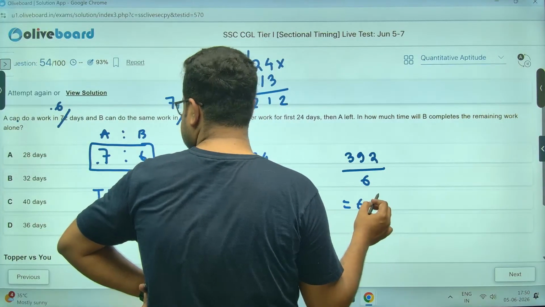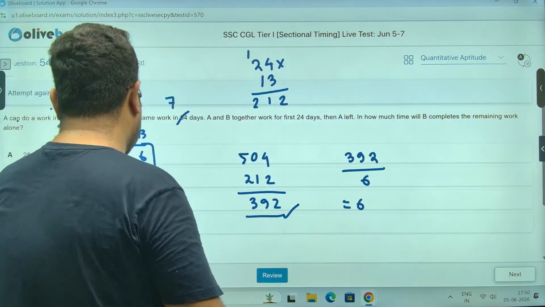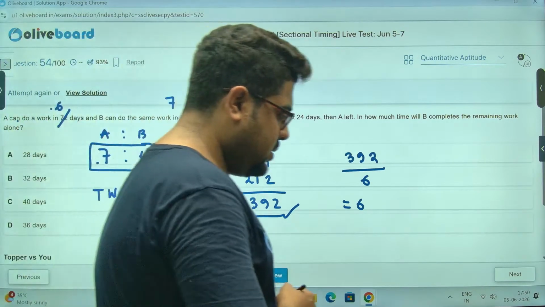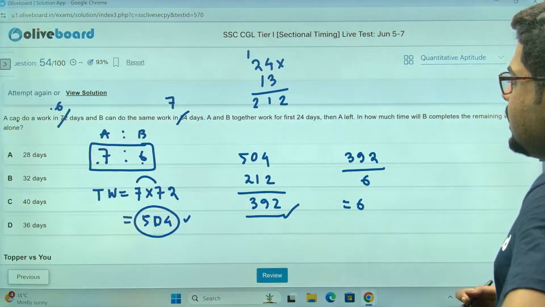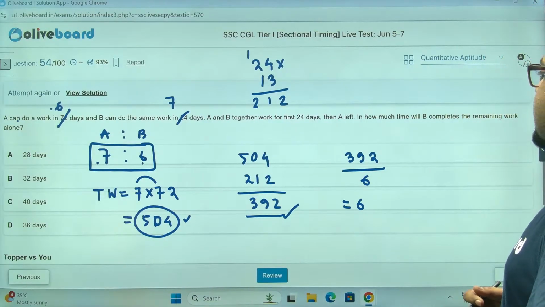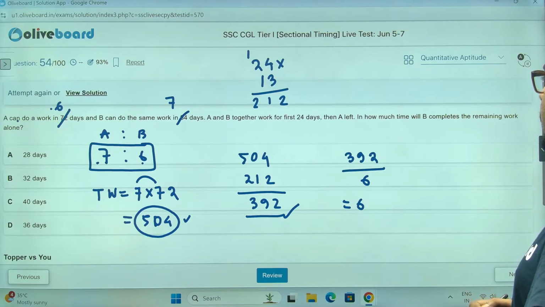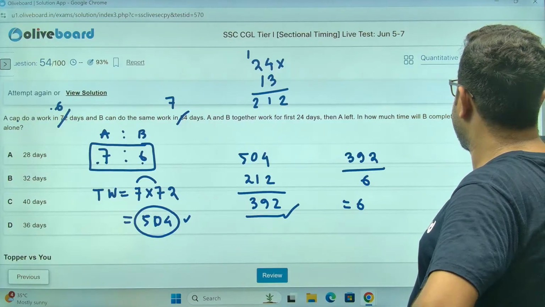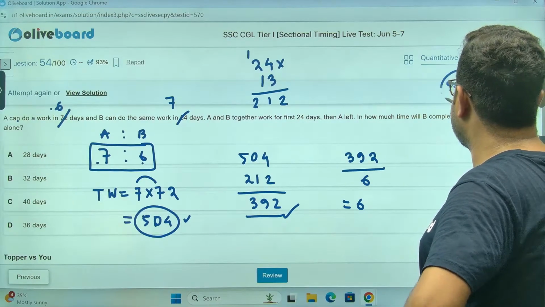One second, have I done something wrong? 72 days, this. So opposite 7 into 72, 504 only I'm getting.